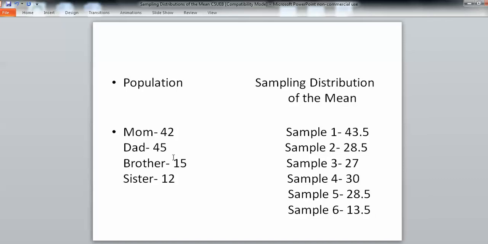Because since they're different sets of numbers, they're not necessarily going to have the same shape in a histogram. Different sets of numbers have different shapes. Now let's actually create the histogram of the population and the histogram of the sampling distribution just to see what those shapes look like.